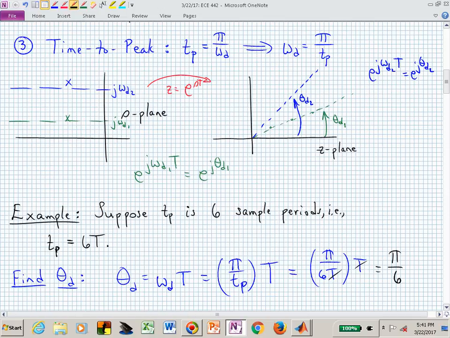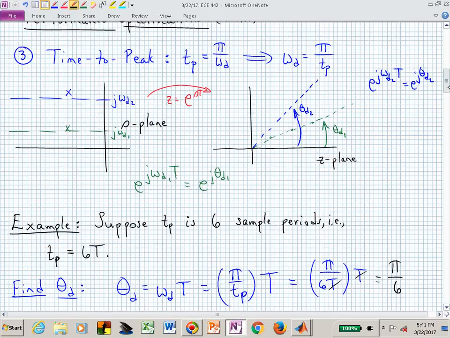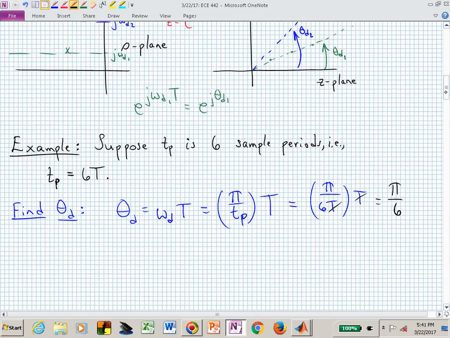And pi in radians translates into, we wanted that in degrees, that's now 180 degrees divided by 6. Maybe a good thing that I selected these numbers. Now I have to divide 180 by 6, so theta sub d is now 30 degrees.